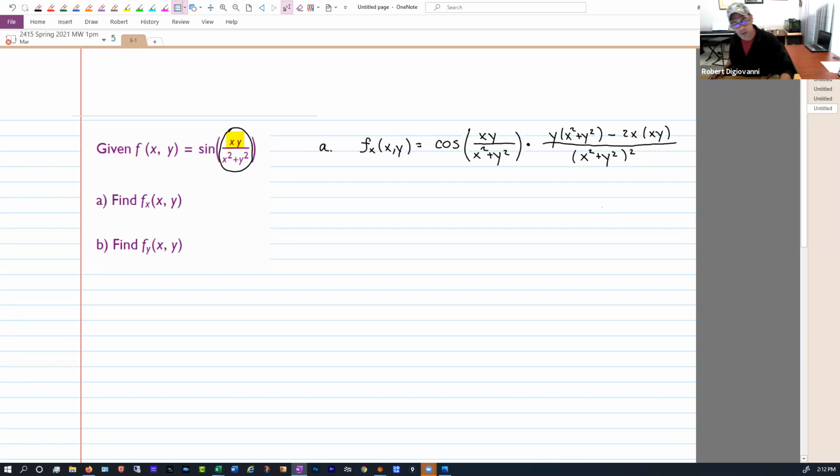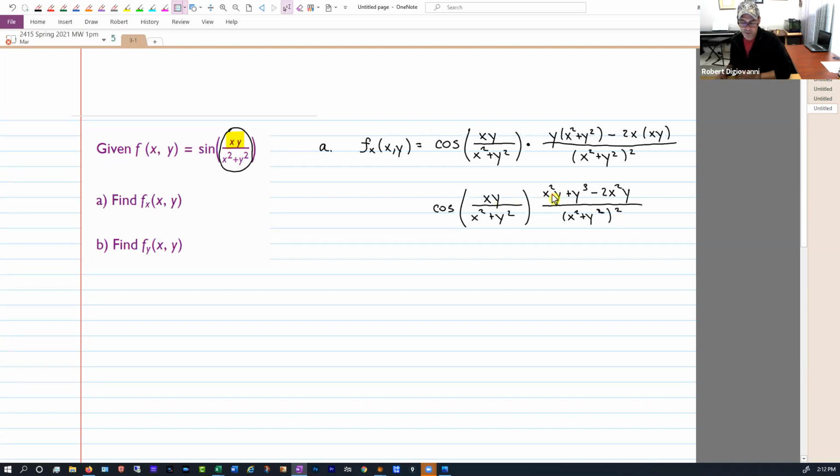Good job. Now all I'm going to do is clean it up. Anyone have a question over any part of that? Let's see, this becomes x squared y plus y cubed minus 2x squared y, all over x squared plus y squared, squared.